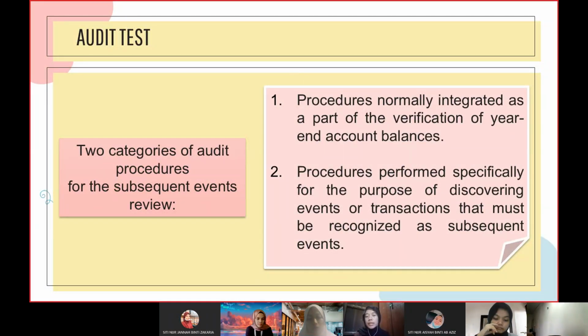Okay, these are the two categories of audit procedures for subsequent events that the auditor needs to test, to know which procedures need to be performed. Okay, next.